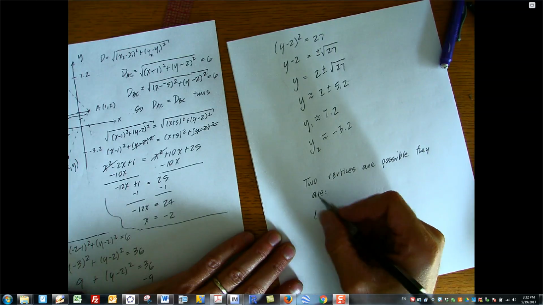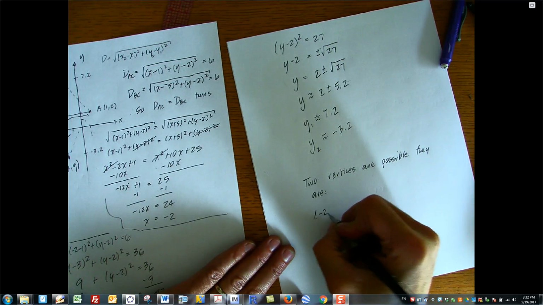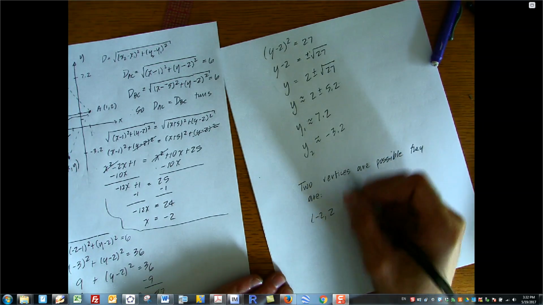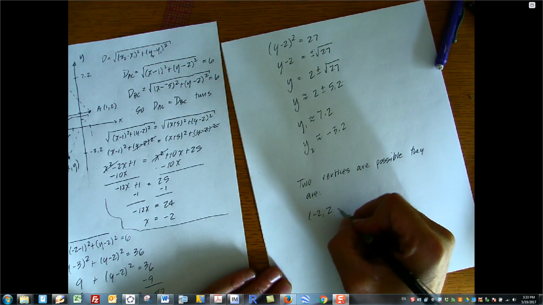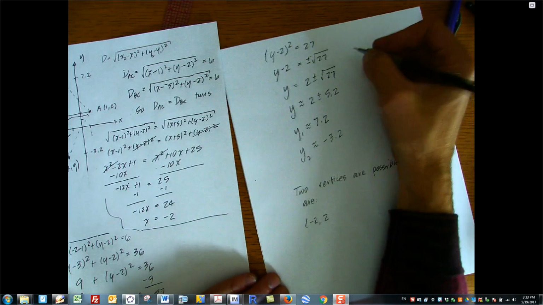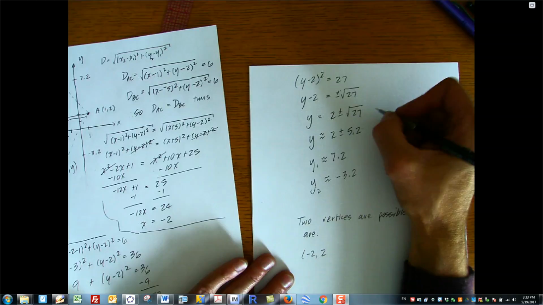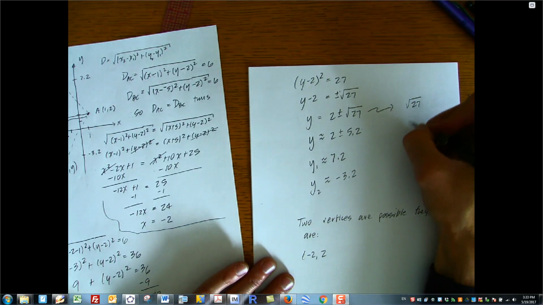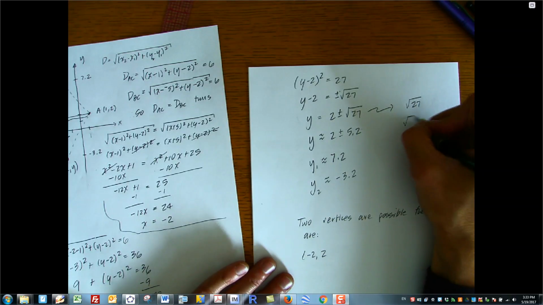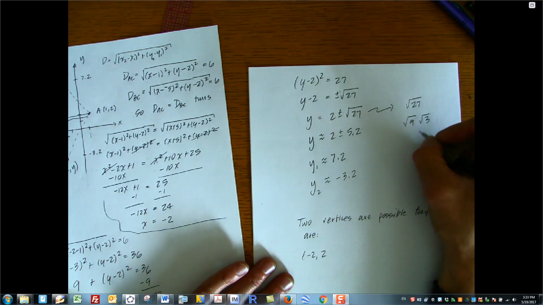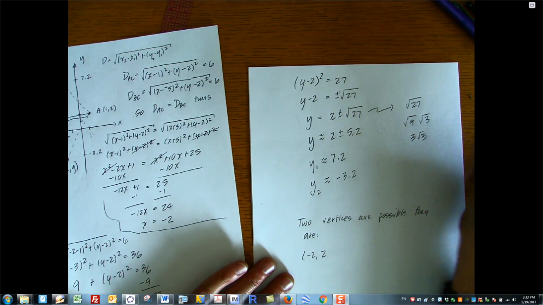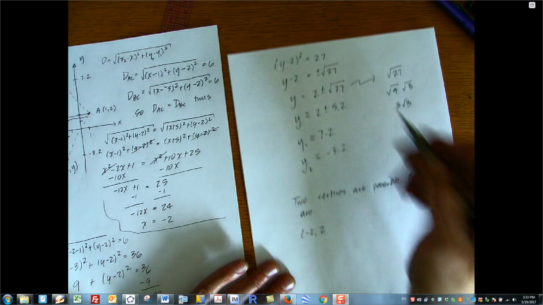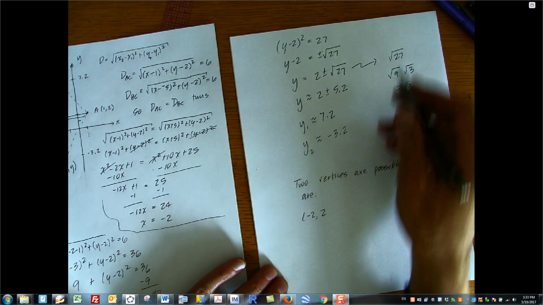It's either negative 2 comma 2 plus root 27, which, I didn't even think of this, but we could actually simplify root 27. That's 9 times 3, so it's the square root of 9 times the square root of 3, so 3 root 3 would be one way of writing root 27. Either one's fine for me.